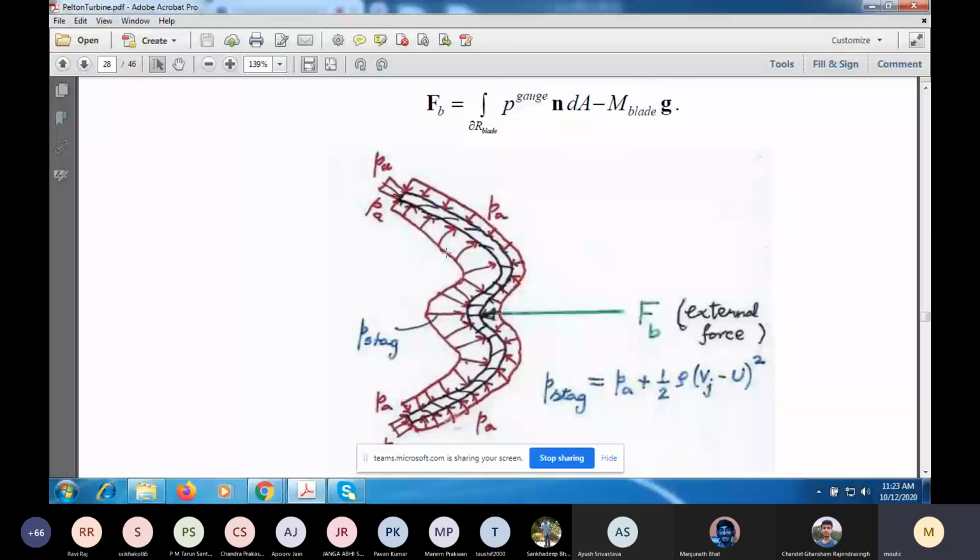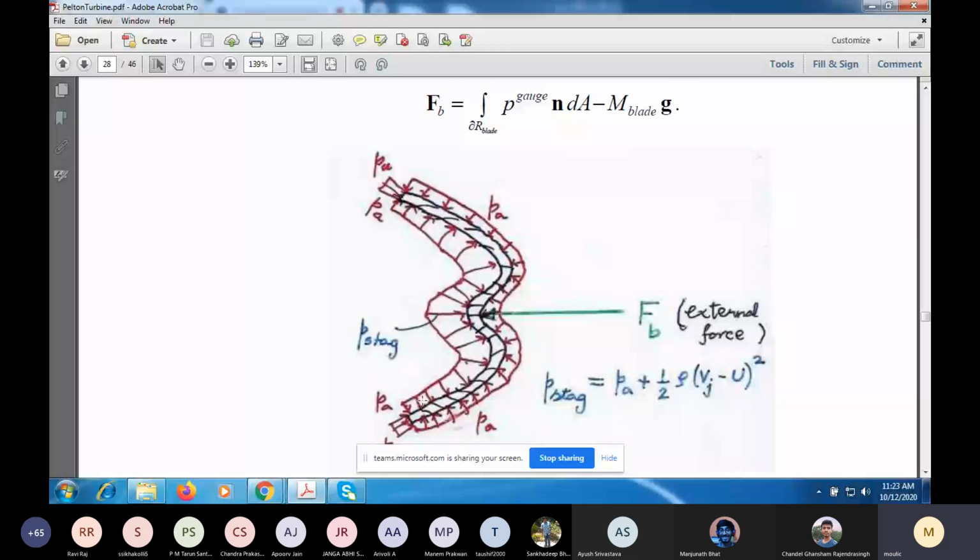At this point here, pressure is atmospheric pressure, and at this point also. But at points inside, the pressure will be more. So the gauge pressure is 0 on the right hand side, 0 at sections 3 and 2, but positive over here. And this is the stagnation point.